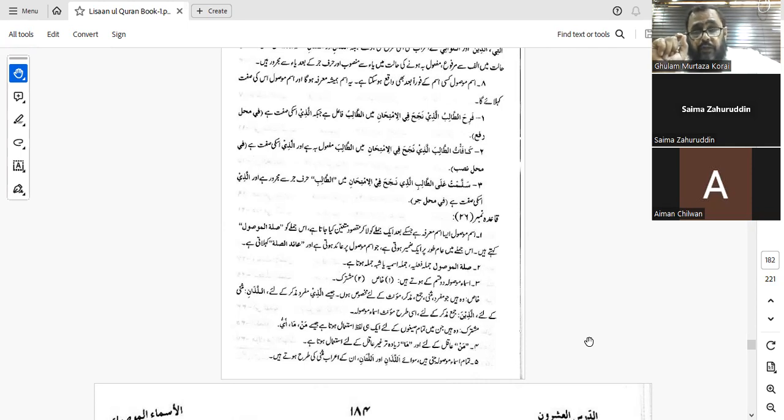Murakkabul tawsifi, and that murakkabul tawsifi can become a fa'il, or al mubtada, or a khabar, or maf'ulun bihi, or majroor, or also mudaf ilayh. Is that clear, sister? Yes, I guess if you have more examples, that would be clearer. Yes, let me tell you an example.